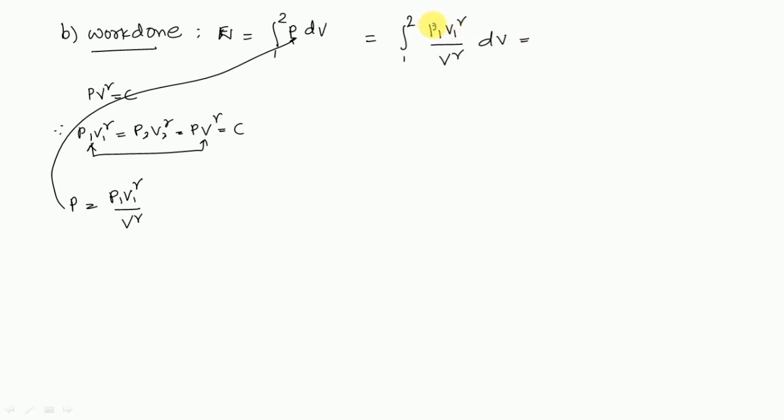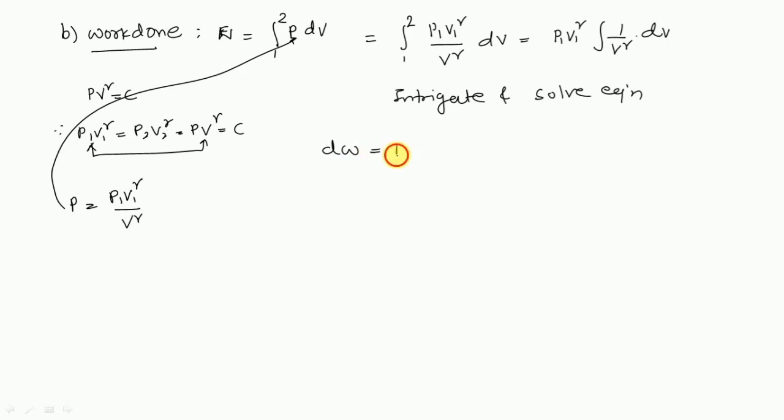But here the P1 V1 for a particular point the value is constant, so we cannot integrate it. So write over here P1 V1^γ ∫ (1/V^γ) dV. Then if we integrate and solve the above equation, we find the work done is W = (P1 V1 - P2 V2)/(γ - 1).